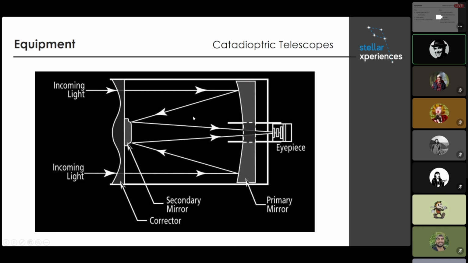So catadioptric telescopes combine the advantages of mirror or reflector telescopes and the refractor telescopes. They have more pros than cons.